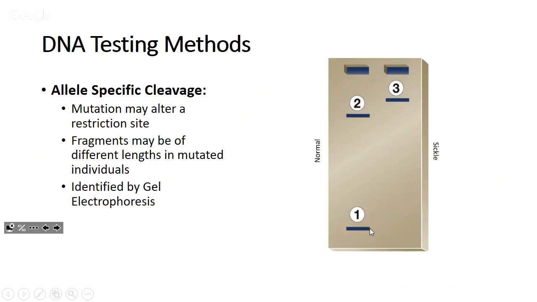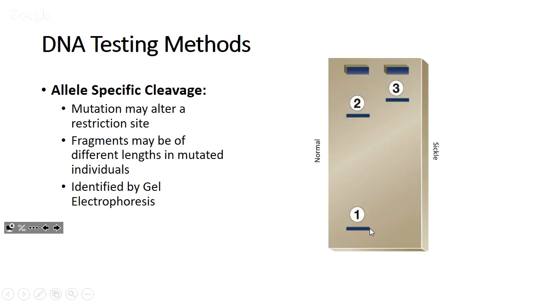Now, how are these tests done? Well, the first of which is gel electrophoresis, but it's being used in a very specific way. So what we've got is a restriction enzyme that is cutting at a specific site that is only present inside the normal genotype, not present inside the sickle cell gene, right?